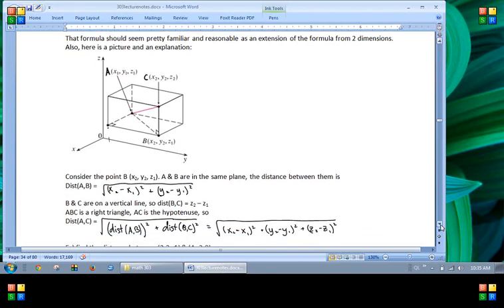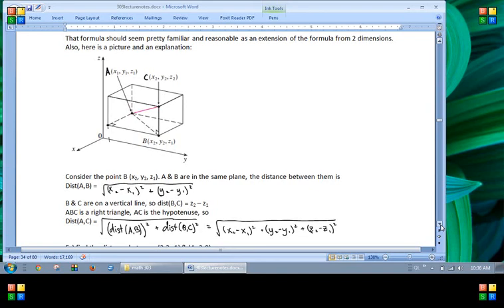So in case you want to convince yourself, here's a little derivation. And the derivation comes from drawing another point B. And A and B, without going through the details, notice that they're in the same plane. So we already know how to describe the distance between A and B. And then B and C are just on a straight line. So it's easy to describe that distance.